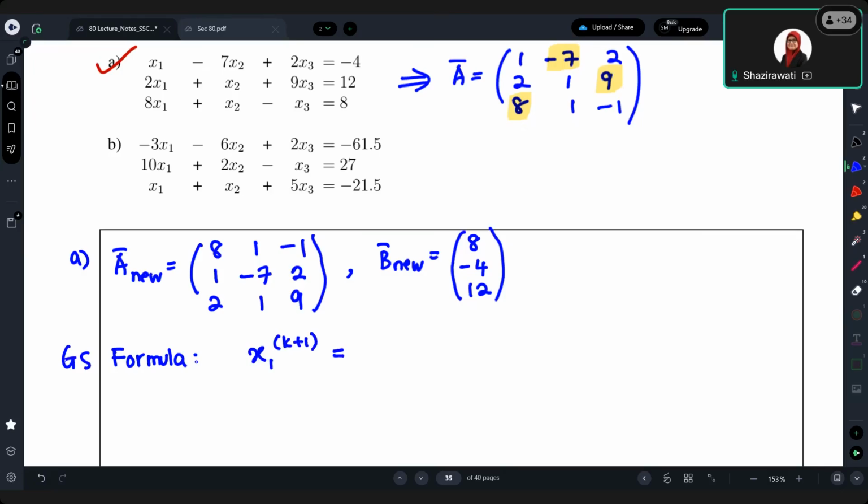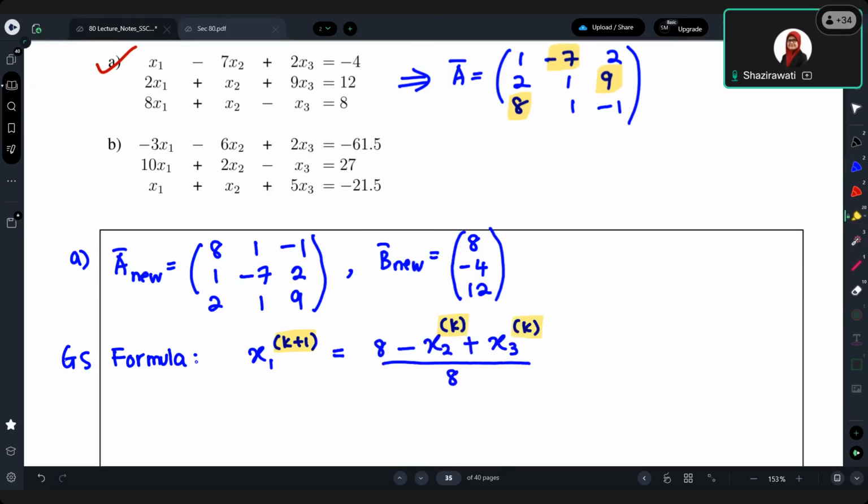Okay, you imagine you ada equation tu, walaupun dalam bentuk matrix, you should be able to read lah. 8x1 plus x2 minus x3 equals 8. So x1 is 8 minus x2 plus x3 over 8. Nampak tu? Dekat sini iteration notation dia K, dekat sini K.